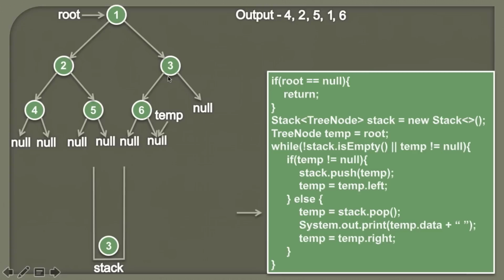So in order to reach node 3, we know that we have already stored this node on the stack. So we simply pop this element from the stack and we'll assign it to temporary node. So it would look something like this. That node 3 gets popped out and its value is assigned to temp. So therefore now temp will point to node 3.